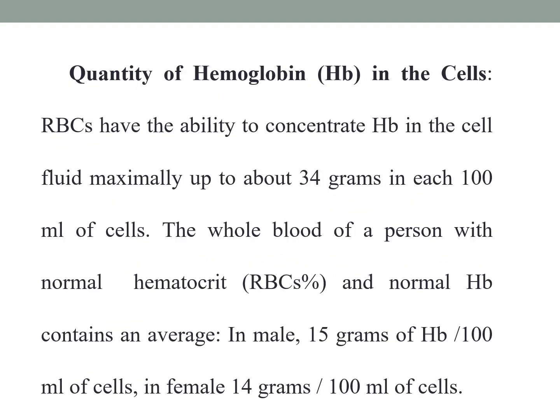What about the quantity of the hemoglobin in the cells in a person with a normal hematocrit and normal hemoglobin? In male, it is equal to 15 grams of hemoglobin per 100 milliliter of the cells, while in female it is equal to 14 grams of hemoglobin per 100 milliliter of the cells.